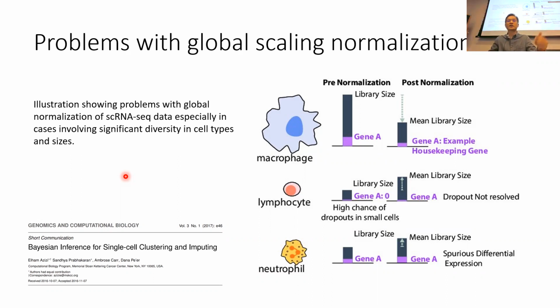In that case, you actually push down the macrophage library size to the average, and you're inflating the library size for other small cell types, right? Correspondingly, genes expressed in different proportions in different cell types will get biased treatment.